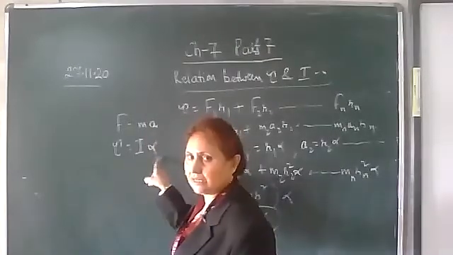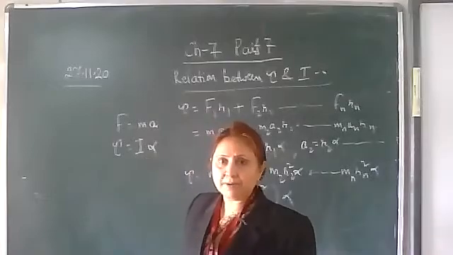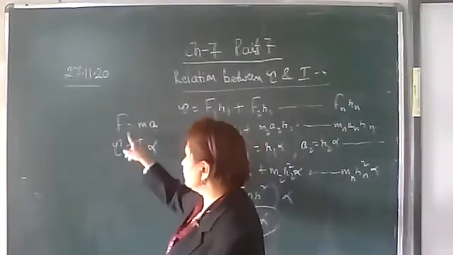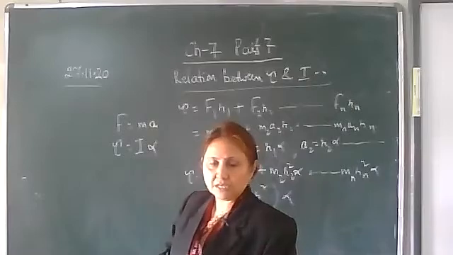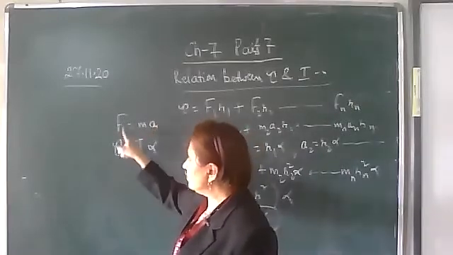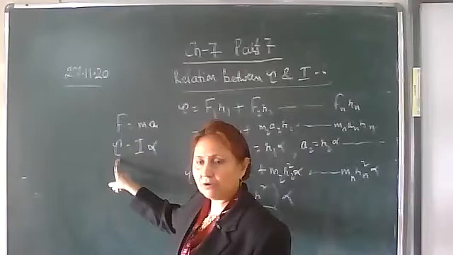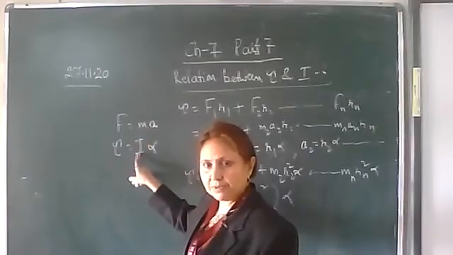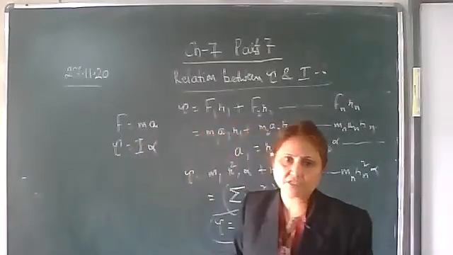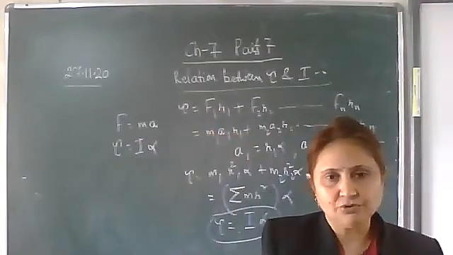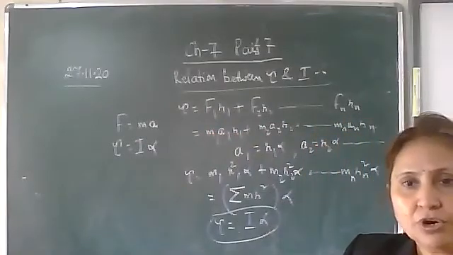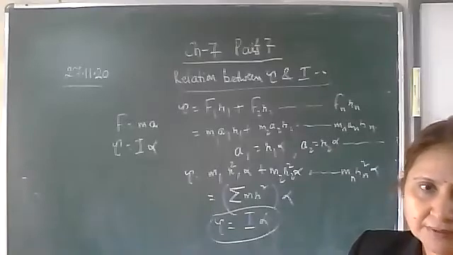So you can remember it using the analog in linear motion: F is equal to m a becomes tau is equal to I into alpha. This is the relation between torque and moment of inertia.